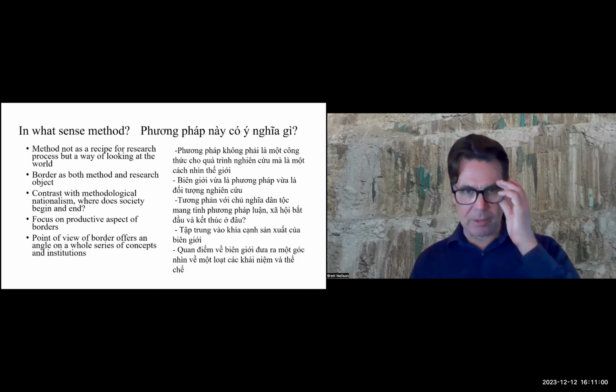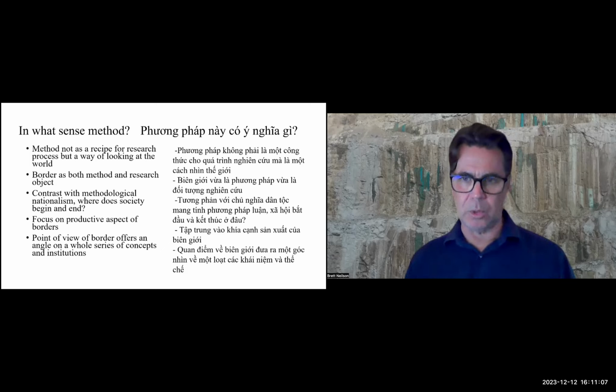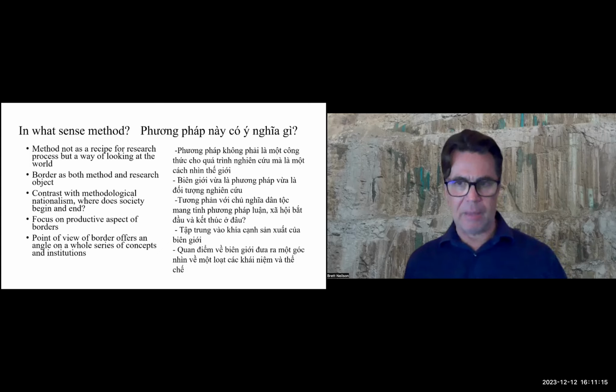Method, as elaborated in this book, is really a way of looking at the world. What happens, I want to ask, when we look at the world from the perspective of the border? Of course, there is a wide area of studies known as border studies, in which scholars approach various borders and analyze the political and social tensions that surround them.